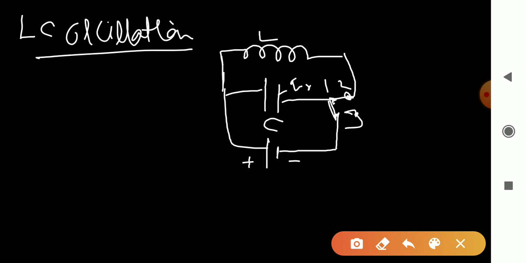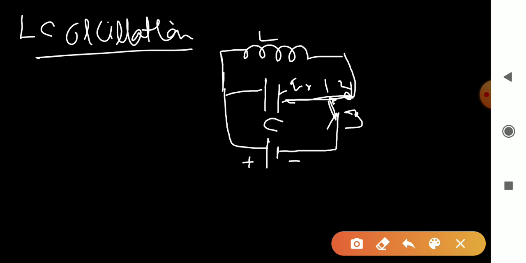Let us now disconnect terminals 1 and 3 and connect terminal 1 and terminal 2. The battery is thus cut off from the circuit and the fully charged capacitor is now connected to the inductor.